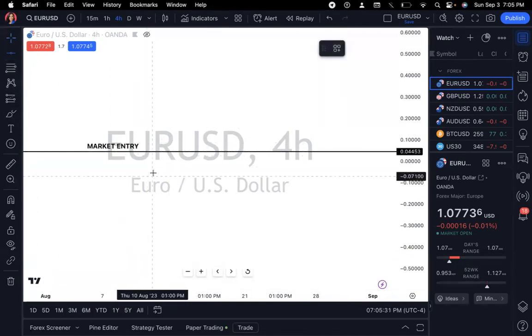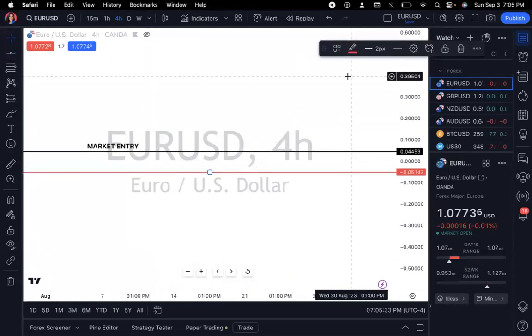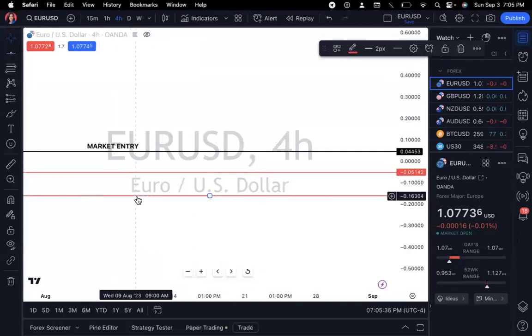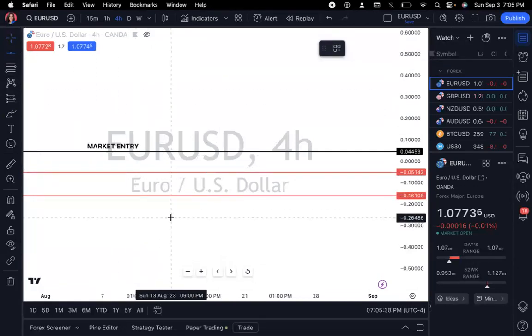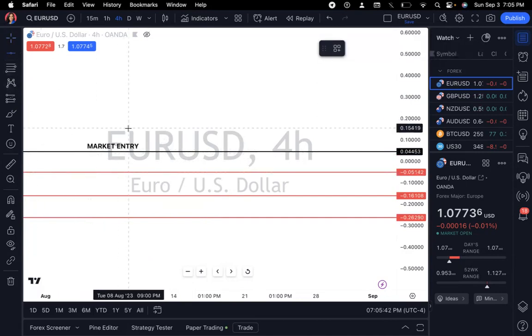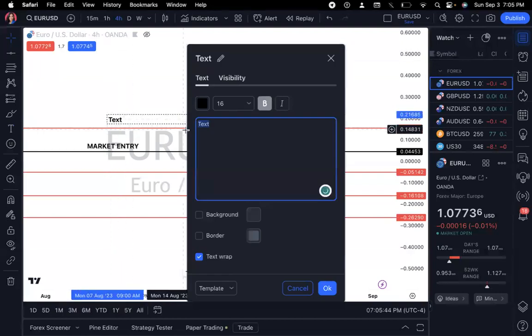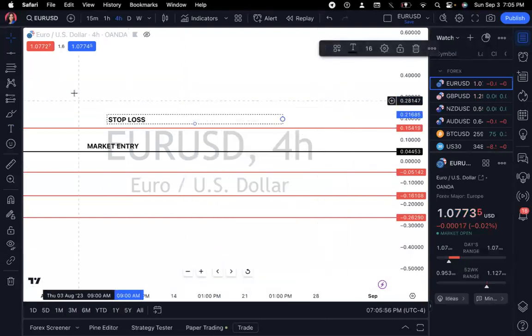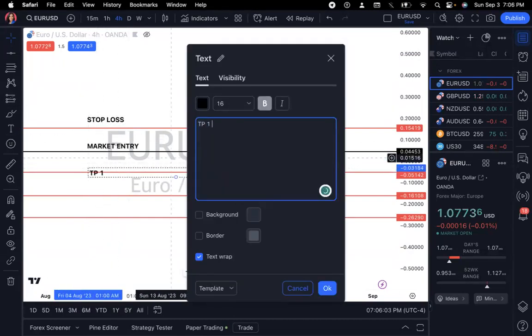When we sell, this is TP1, this is TP2, and this is TP3. And this is our stop loss up here, about 40 pips. This is our market entry. We're going to put TP1 down here.